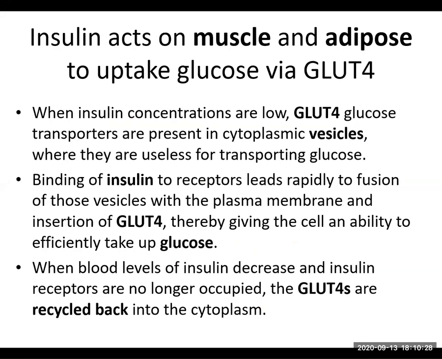So this one summarizes what we just said. Insulin acts on the muscle cells and the adipocytes. In both cells, it will increase the amount of GLUT4. So this is glucose transporter 4. This is unique in that it is insulin dependent.